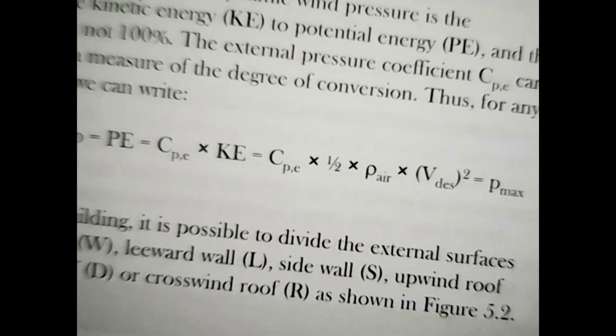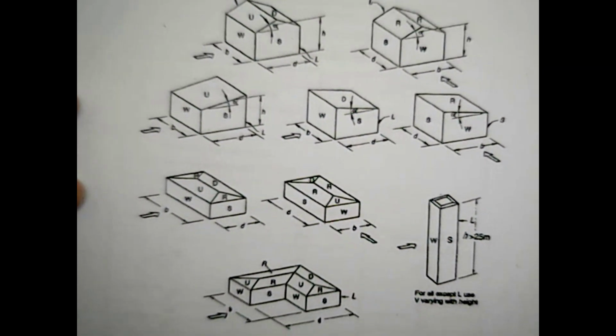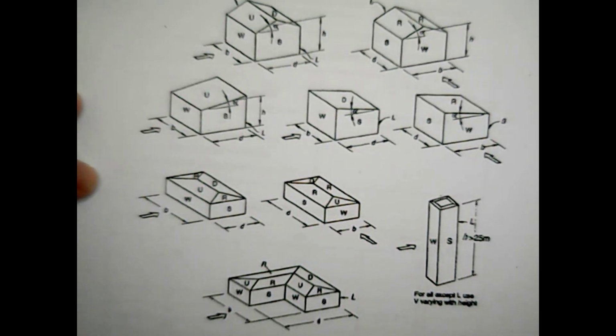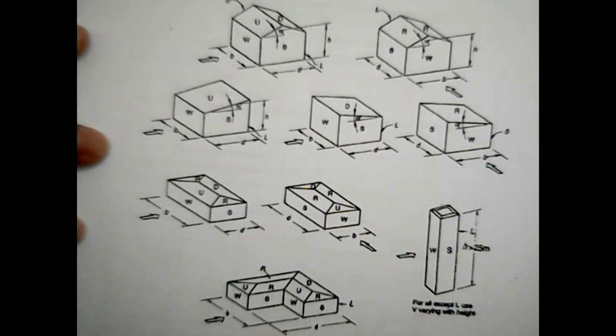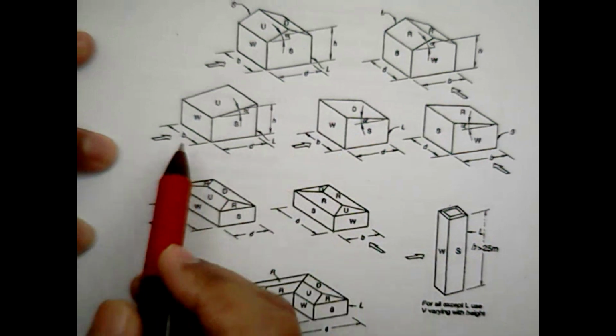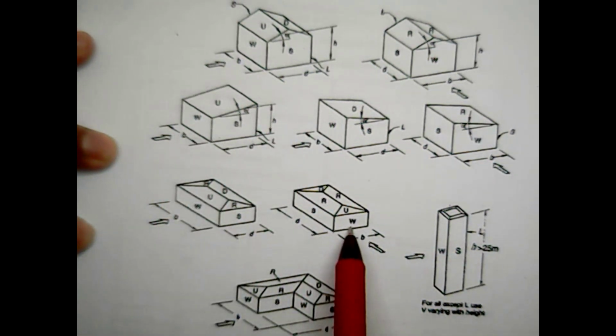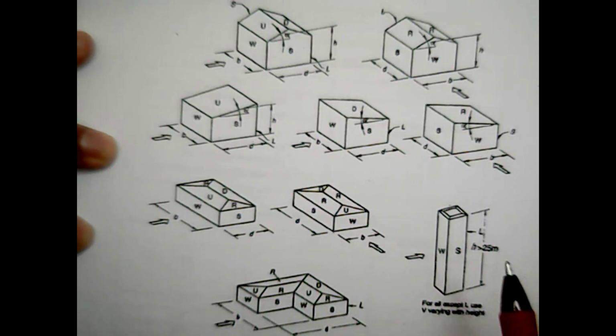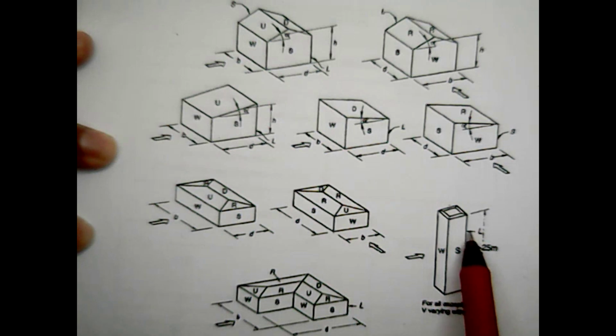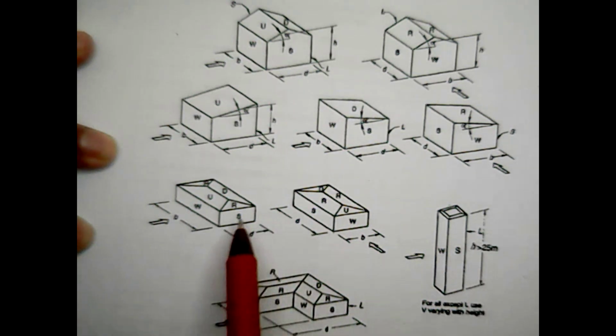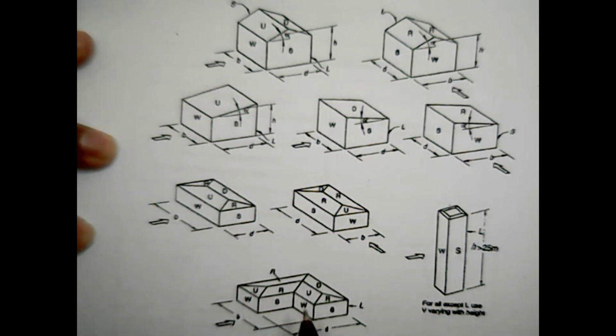Here in figure 5.2, you can see W, which indicates windward. L here, with this direction, is the leeward, S is the side wall, and U is the upwind slope.